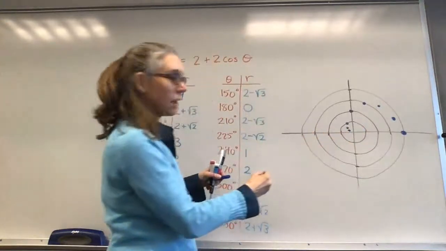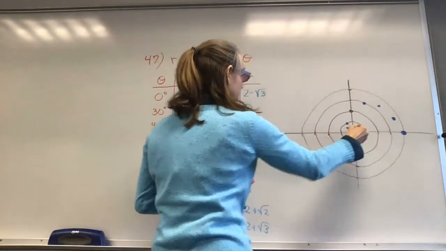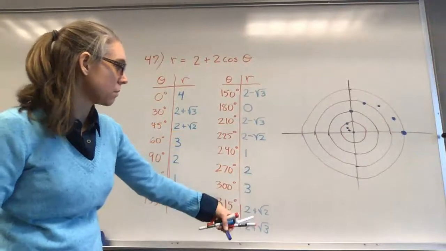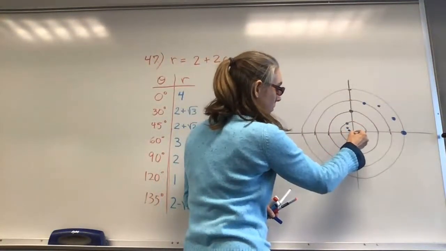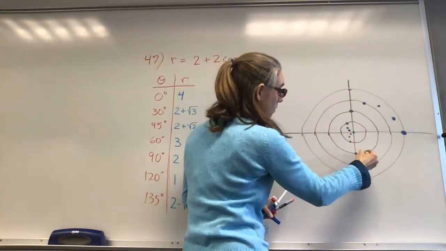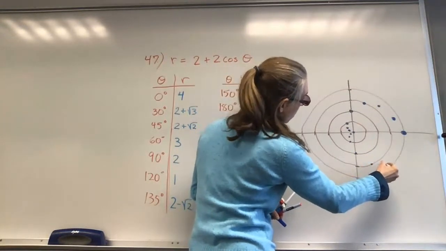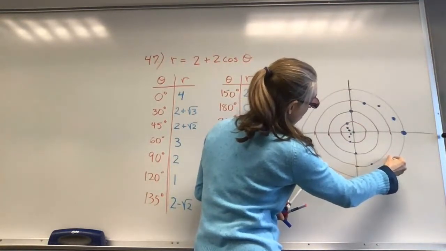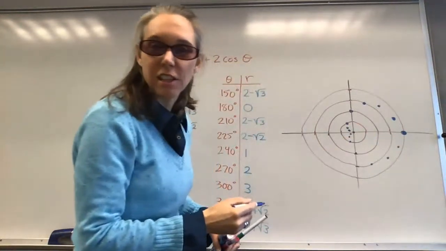And then at 180, I'm down to 0. And now I am seeing the symmetry, that all of the values here are going to be symmetrical to these values. And when I connect the dots, I end up with a nice heart.